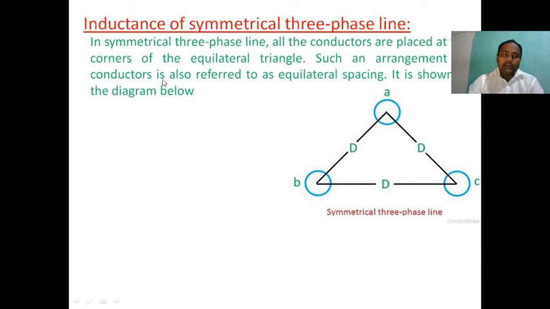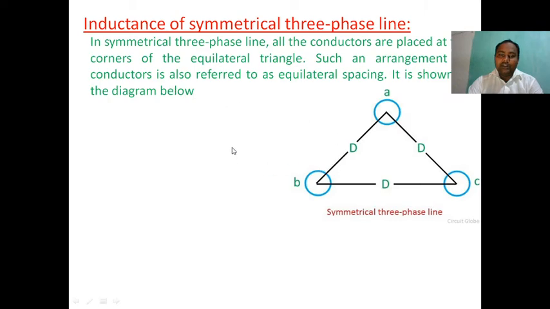So in a symmetrical three-phase line, all the conductors are placed at the corners of an equilateral triangle. Such an arrangement of conductors is also referred to as equilateral spacing. It is shown in the diagram below.